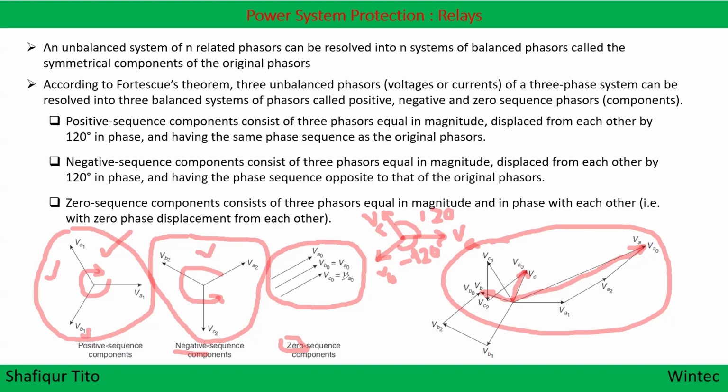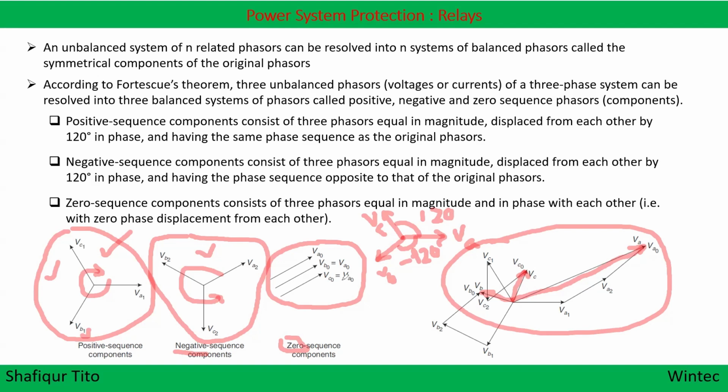We can imagine that this unbalanced system is produced by a scenario of three balanced systems. One we call the positive sequence system, another is the negative sequence system, and the third one is the zero sequence system. So I will have three separate circuits, and if I add the combination of the results of these three circuits, that will give me the unbalanced scenario.